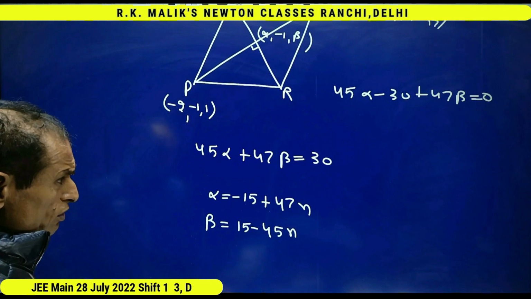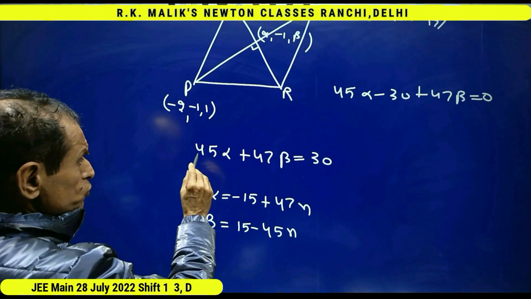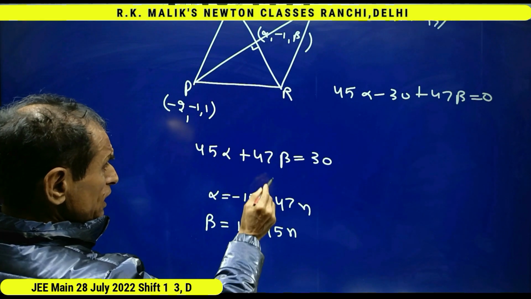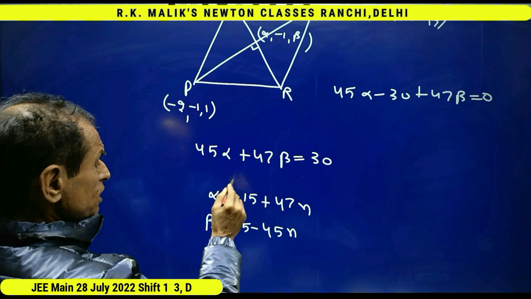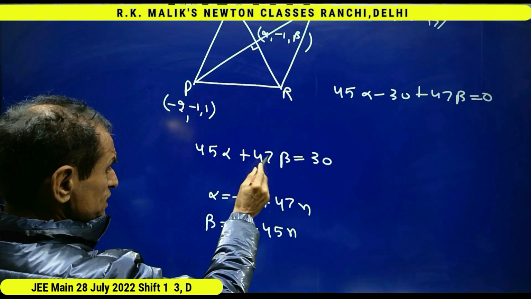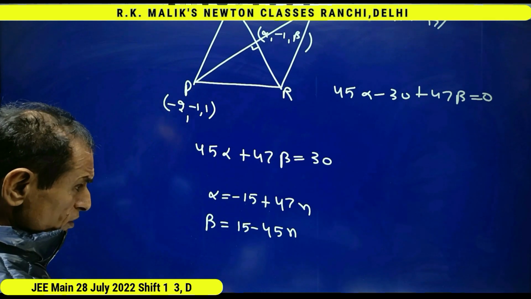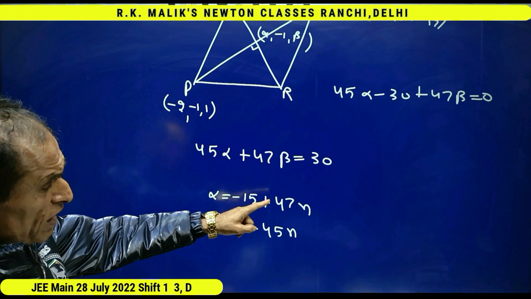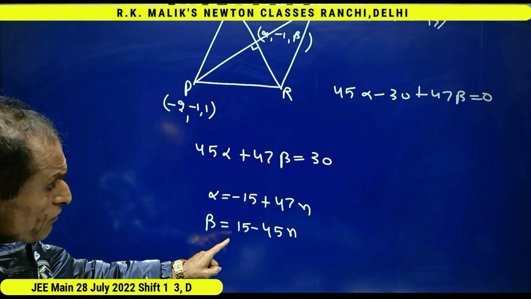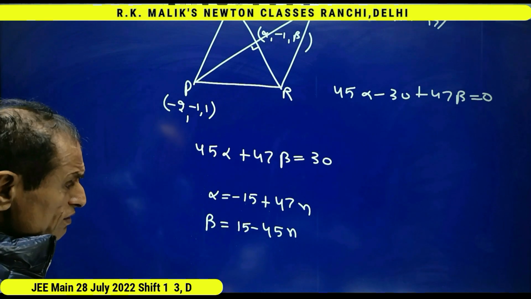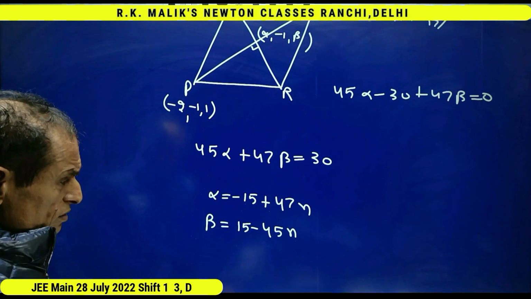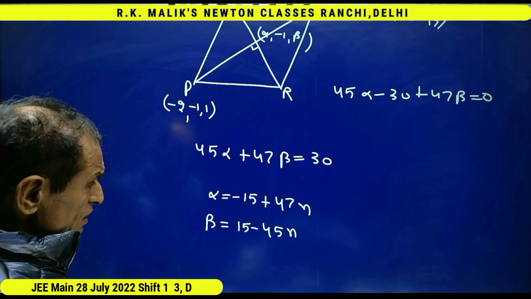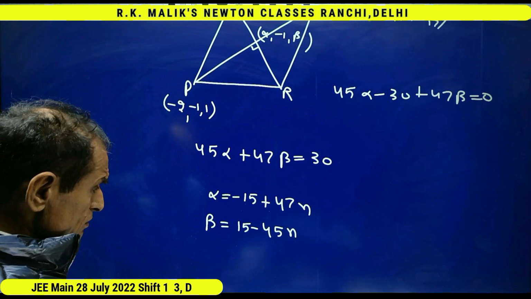Recall that I had told you that you write the coefficient of alpha in beta and the coefficient of beta in alpha, changing the sign of any one of them. Agreed, I could write minus 15 minus 47n and 15 plus 45n. That is also correct. The whole explanation I have already given in the concept of introduction part.